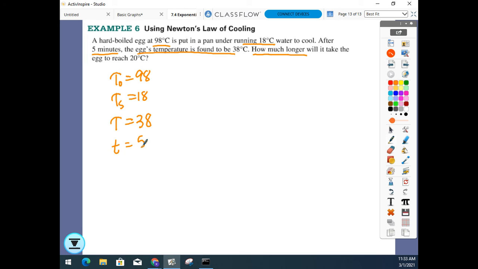Okay, so we've got, let me just rewrite T minus surrounding temperature equals initial minus surrounding e to the negative kt. All right, so capital T, 38 minus T sub s, equals T sub 0 minus T sub s e to the negative 5k.